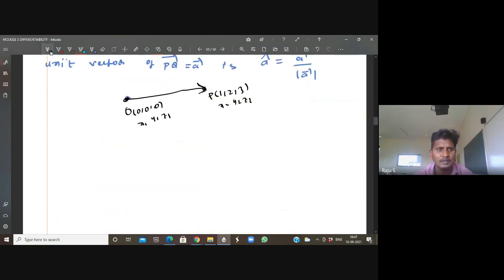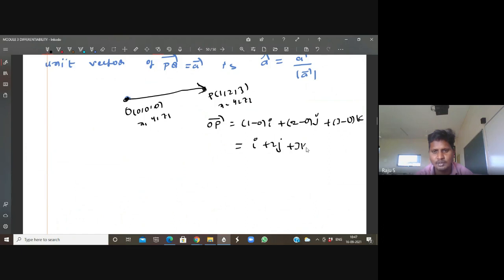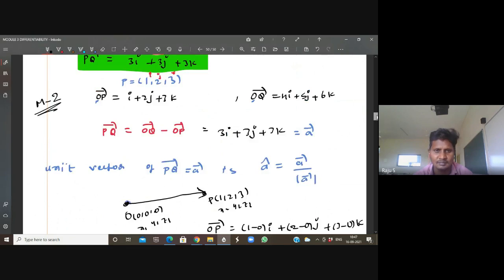When I use that, we are going to get the OP vector. OP vector is 1 minus 0 into I, 2 minus 0 into j, 3 minus 0 into k, nothing but I plus 2j plus 3k. Got it? Mostly we'll write directly.